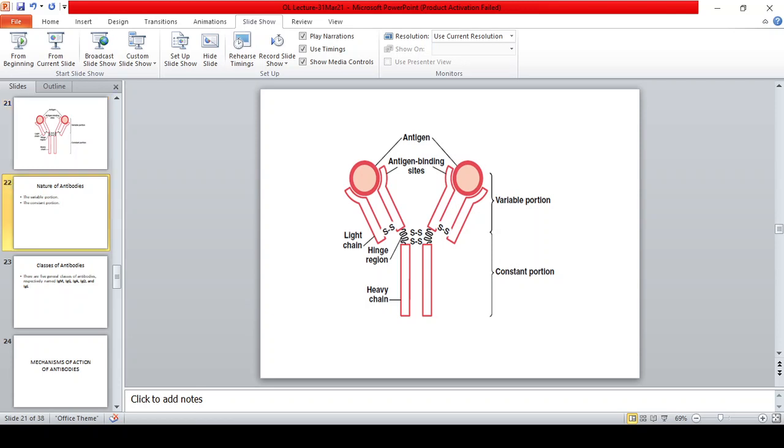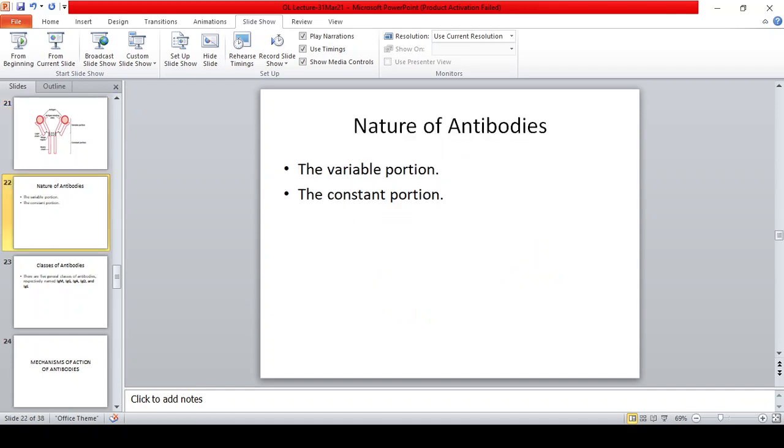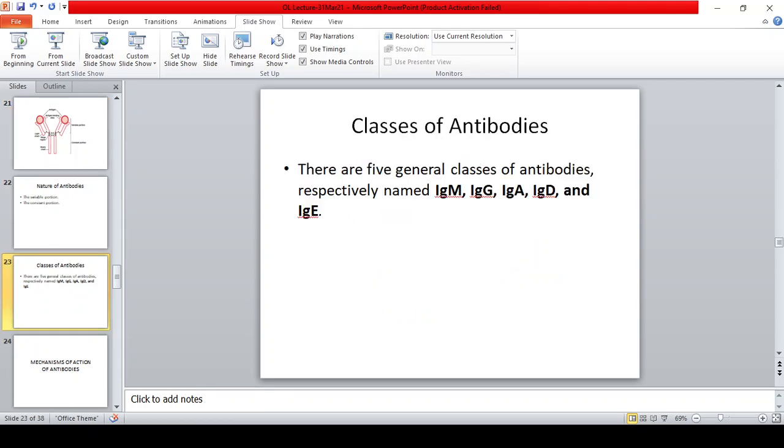Now, there are 5 general classes of the antibodies, respectively called IgM, IgG, IgA, IgD, and IgE. So there are 5 general classes, and each has its specific functions.